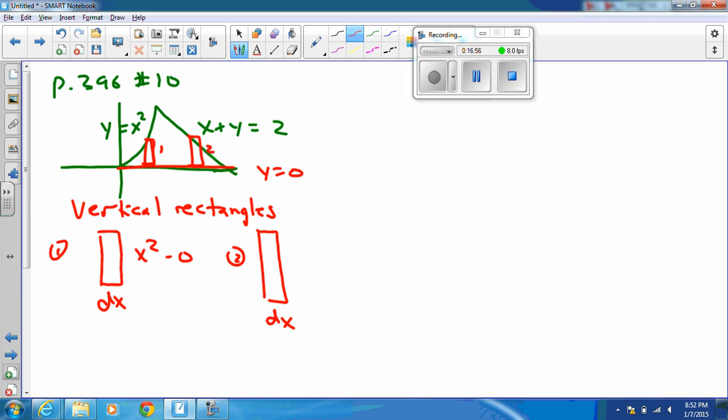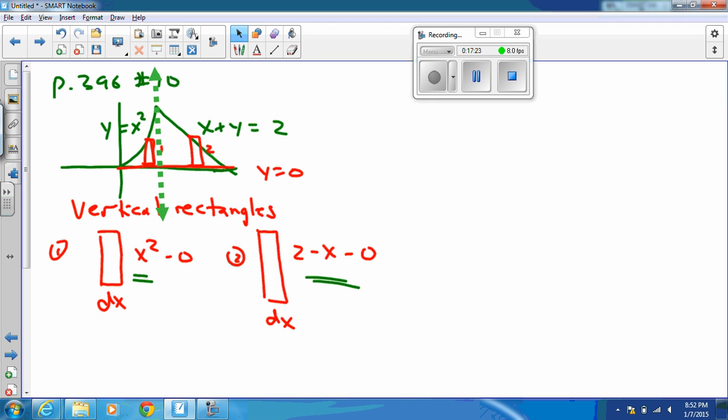Meanwhile, vertical rectangle number 2 has a width of dx and a height that is the top curve, that is y equals 2 minus x, minus the bottom curve, which is 0. So I do not have the same expression for the height of my rectangles for all of the rectangles that are to the left of this line right here.